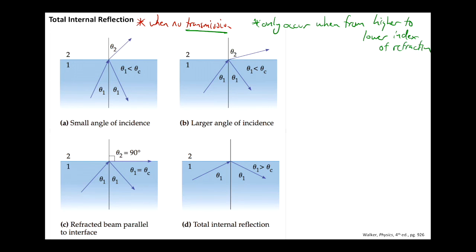Remember on that other problem, the light was trying to get from the glass out into the air, from higher to lower index of refraction. That's the only time it can occur. We know that when this happens, it will bend away from the normal.